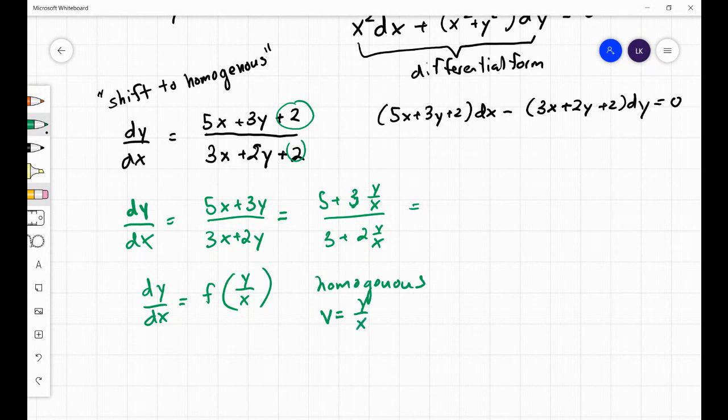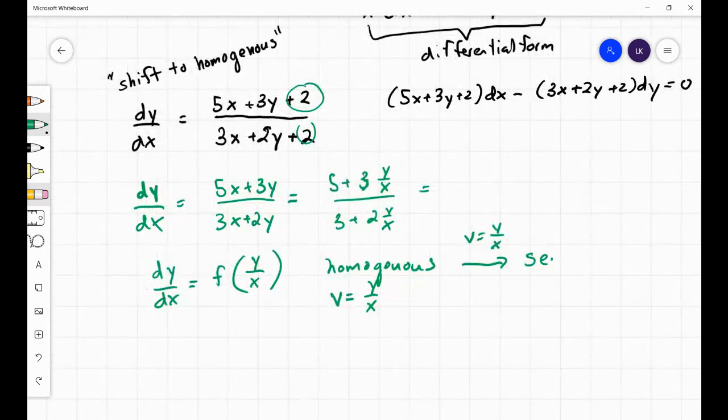It's dependent on x because y is a function of x. So y divided by x is also a function of x. And then we would proceed from there to turn this into a separable differential equation. So a homogeneous differential equation after the substitution gives you a separable differential equation.